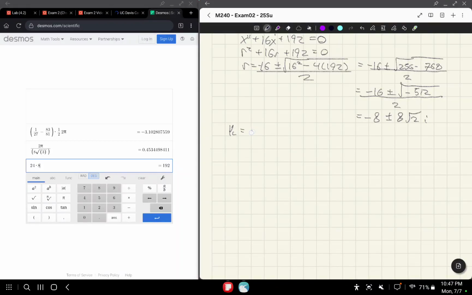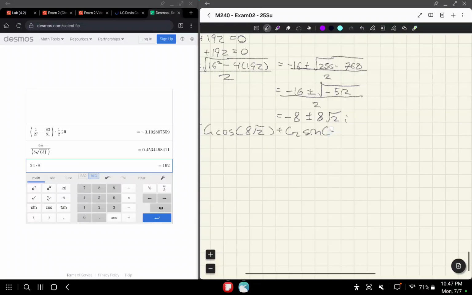So we'll have e to the negative 8x times C1 cosine 8 square root 2 x plus C2 sine 8 square root 2 x.